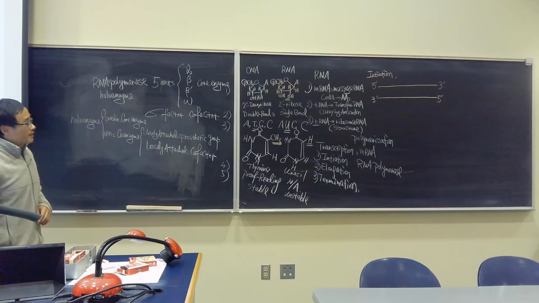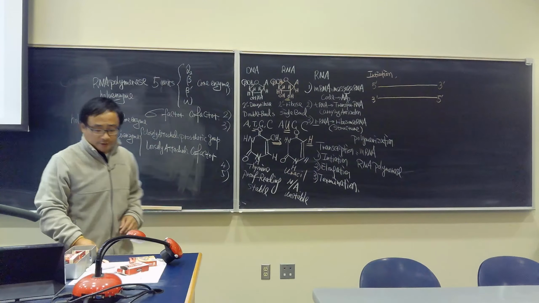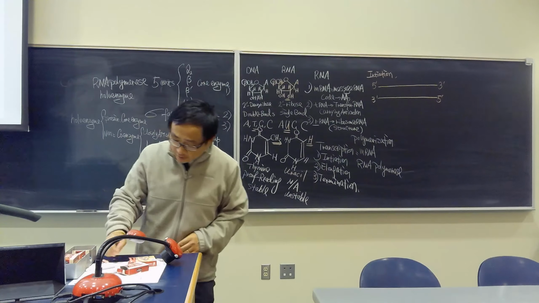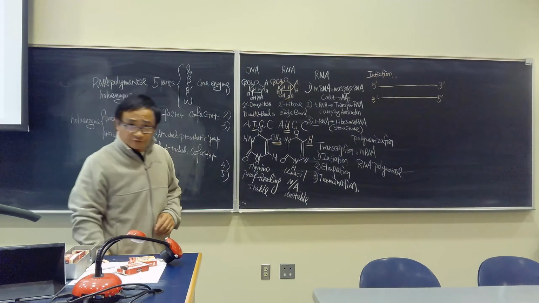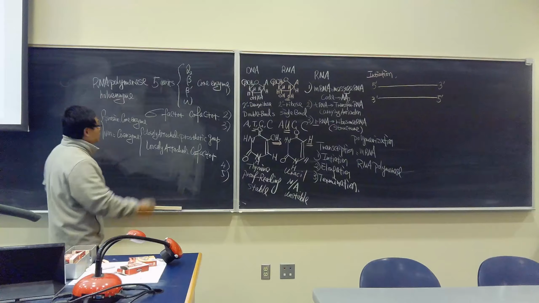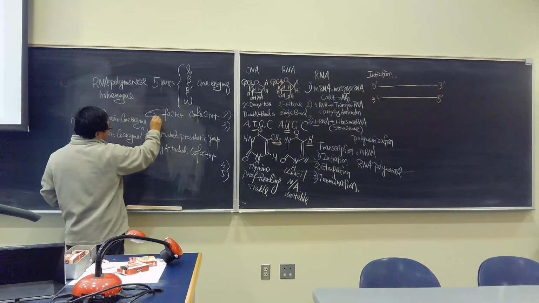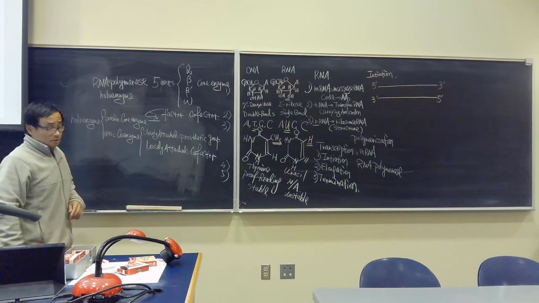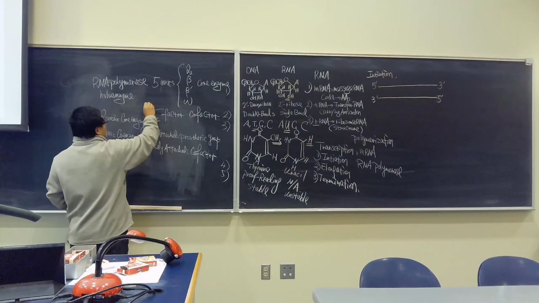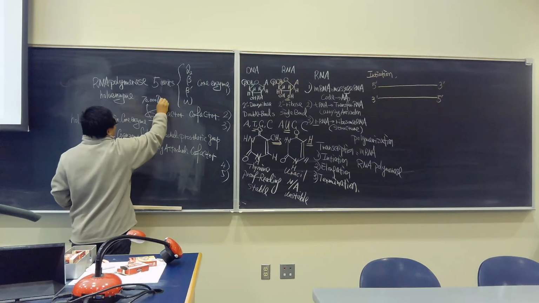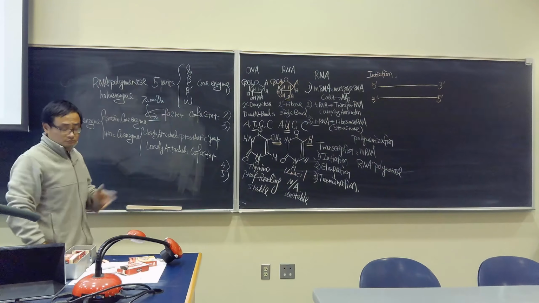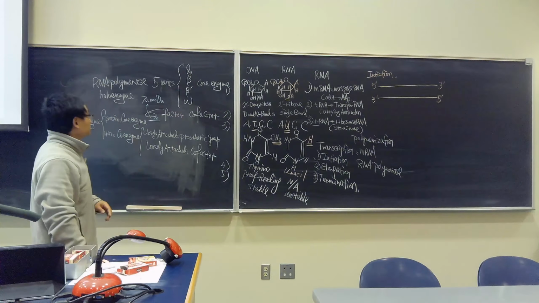For bacteria, most of the time, if the bacteria survive or grow in the log phase, this sigma factor is sigma 70. What does 70 mean? That indicates the molecular weight is 70,000 daltons, the molecular weight of that protein. So that's sigma 70.